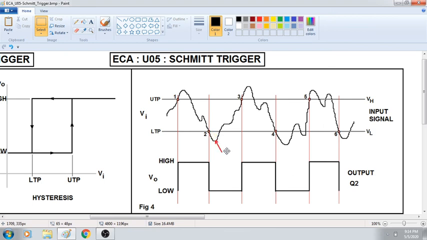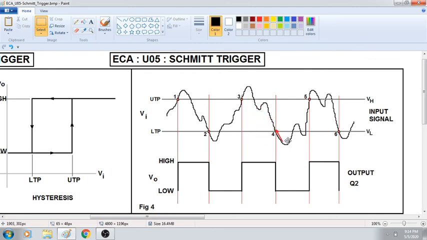Now all these changes, here also no change will occur. Okay. It will continue to remain the same, the output will remain low. When will it become high? When again the input voltage crosses the upper threshold point from the lower side, then the output will become high. Okay. Then how long will it be high? Again here there is no change, because once it crosses, UTP will become LTP.